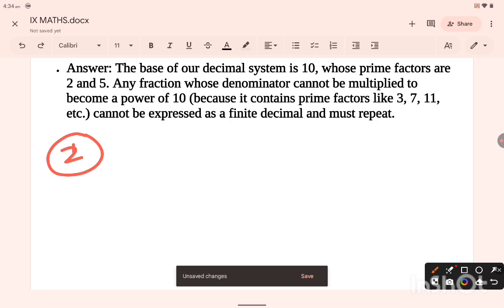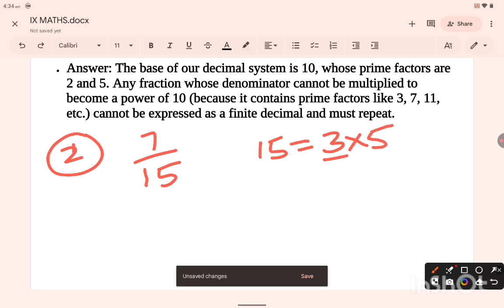Now one example. Suppose 7 by 15. Here both numerator and denominator have no common factor, therefore this is in simplified form. Now here the denominator 15 can be expressed as 3 into 5. Here 3 is present, that is other than 2 and 5.